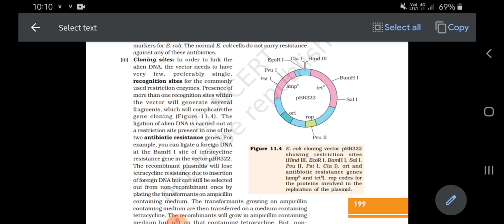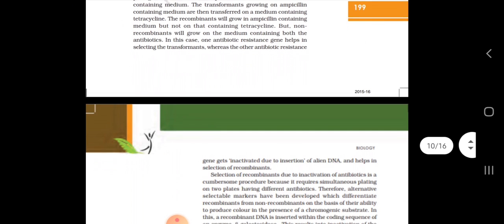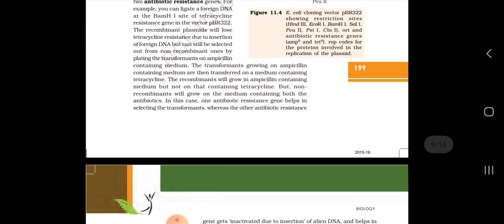Now coming to the next one, the vectors for cloning genes in plants and animals. There are various vectors, so which one is to be used? For plants and animals, separate vectors are used. In the case of plants, there is the tumor inducing plasmid, that is the Ti plasmid of Agrobacterium tumefaciens, which is most commonly used in cloning vectors.